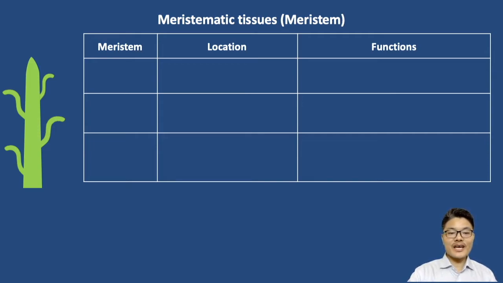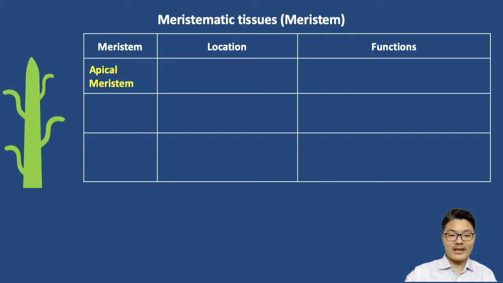Now the first type of meristem is apical meristem. The term apical here refers to tips or apex. We usually have two main tips, shoot tips and root tips. And plants do have other tips at the branches, right?